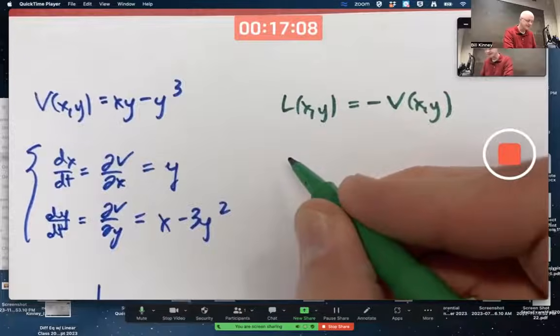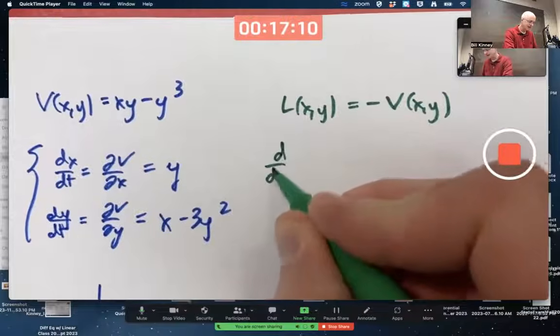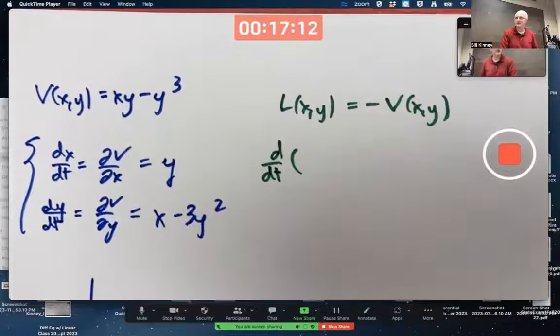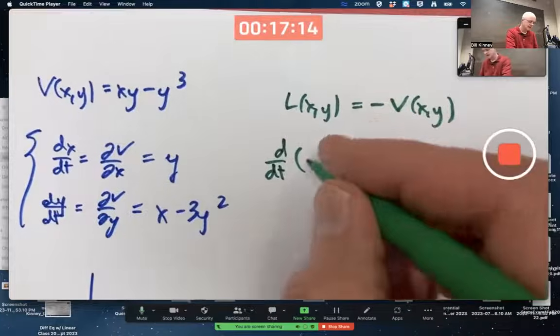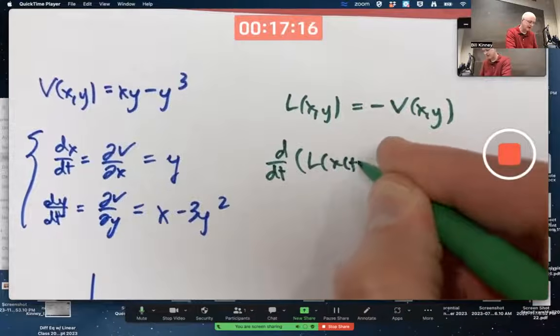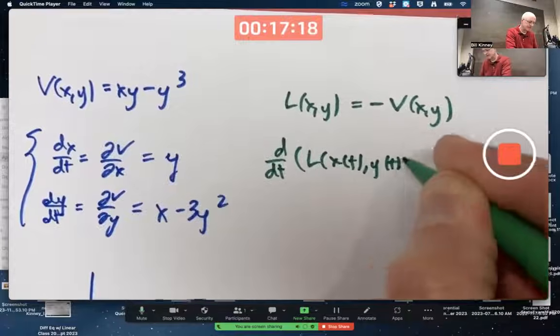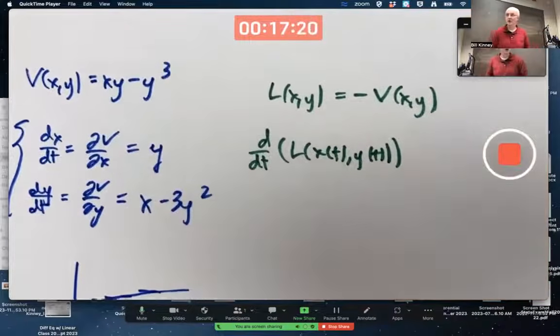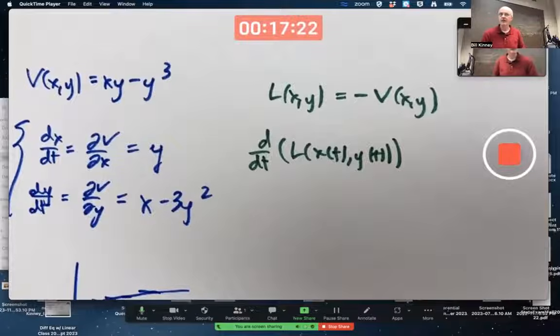What's the significance of this? It decreases along solution curves. If x(t), y(t) is a solution curve, this derivative should be less than or equal to 0.